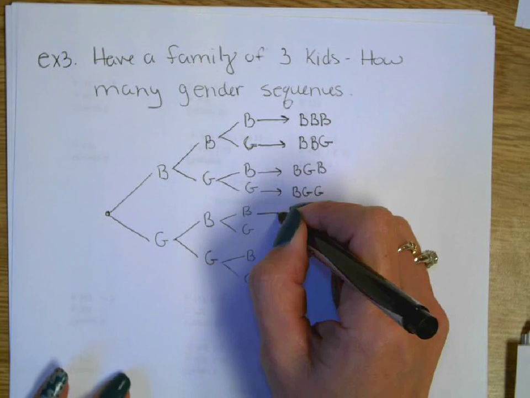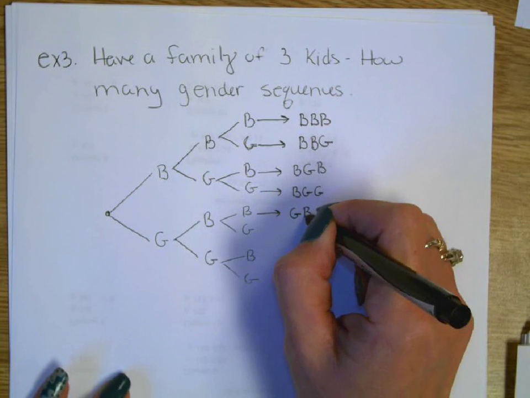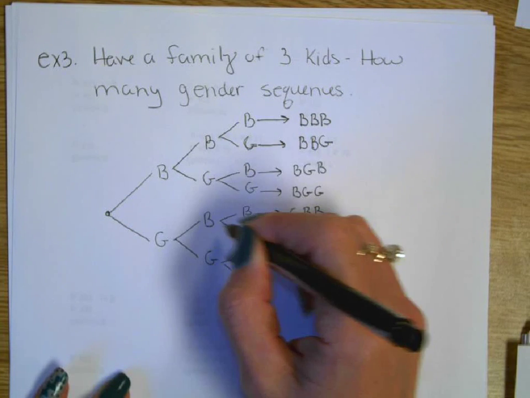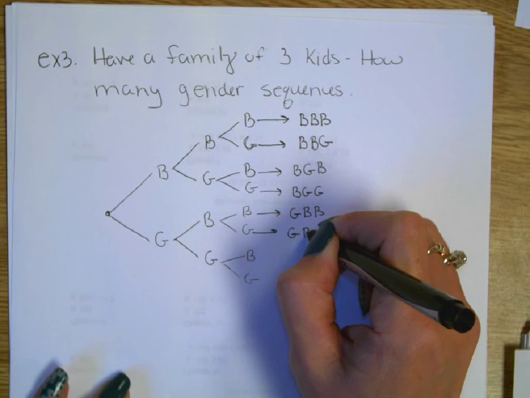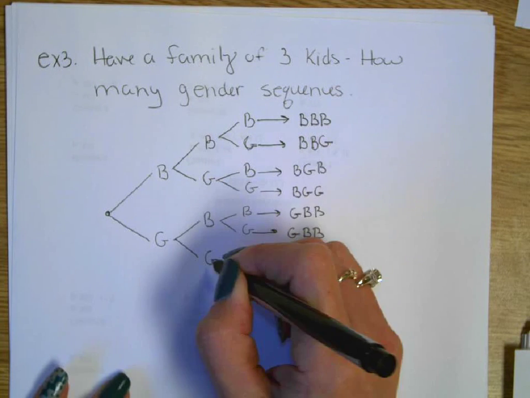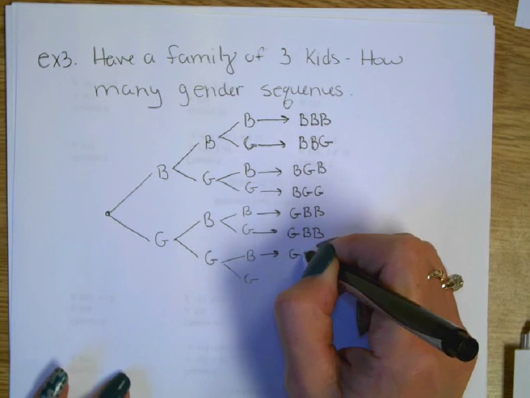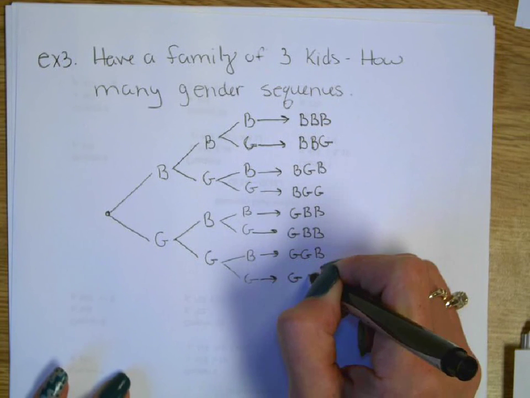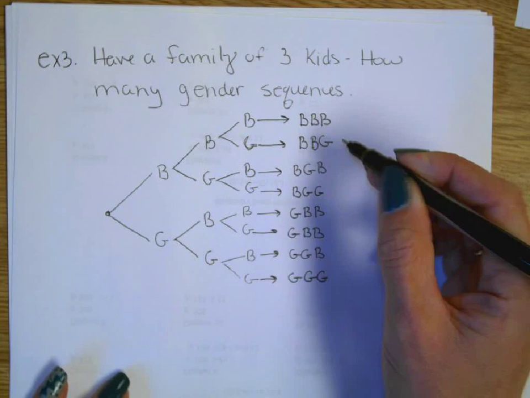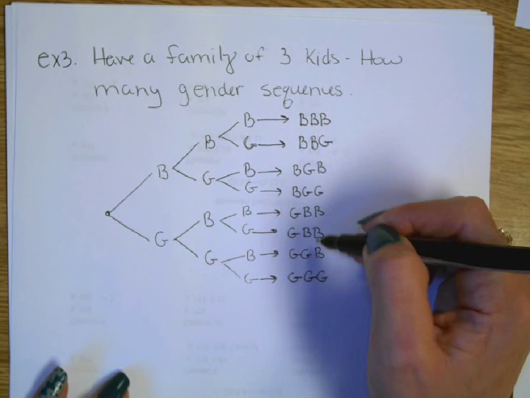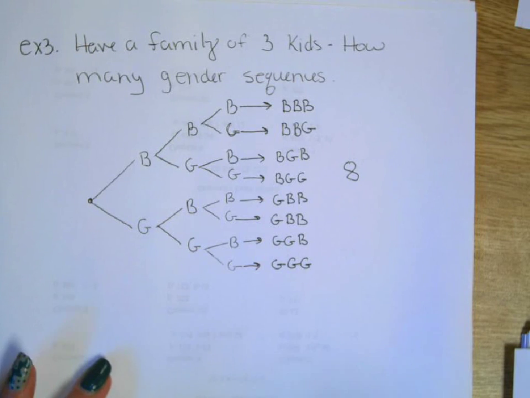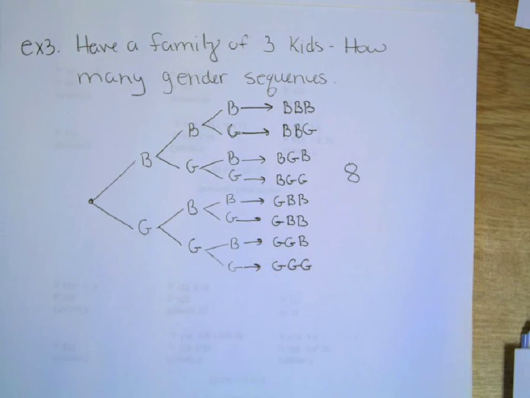Girl, boy, boy. Girl, boy, girl. Girl, girl, boy. And girl, girl, girl. And if you count, 1, 2, 3, 4, 5, 6, 7, there are 8 outcomes in terms of gender sequence for having 3 kids.